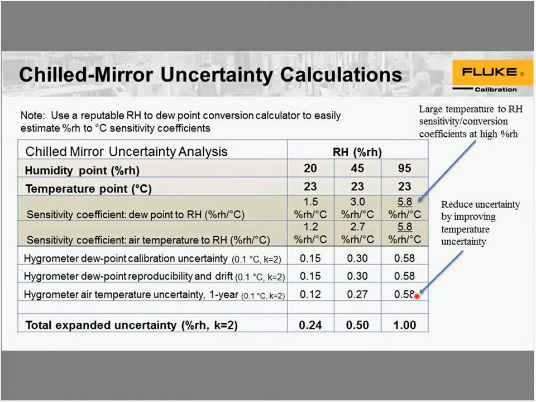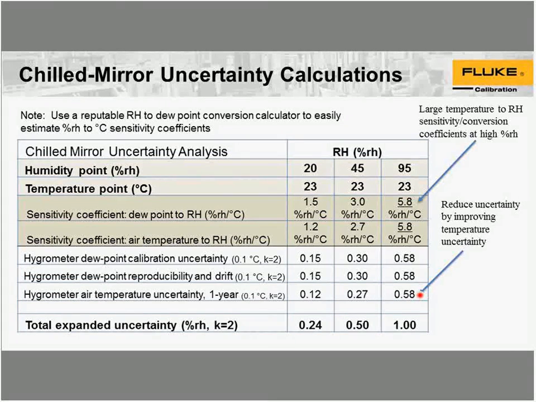Even the hand instrument thermistor probe that we were showing earlier would significantly improve it. So you could decrease a portion of the uncertainty. The challenge is this 0.6% RH for the cal uncertainty and also for the reproducibility is tough.